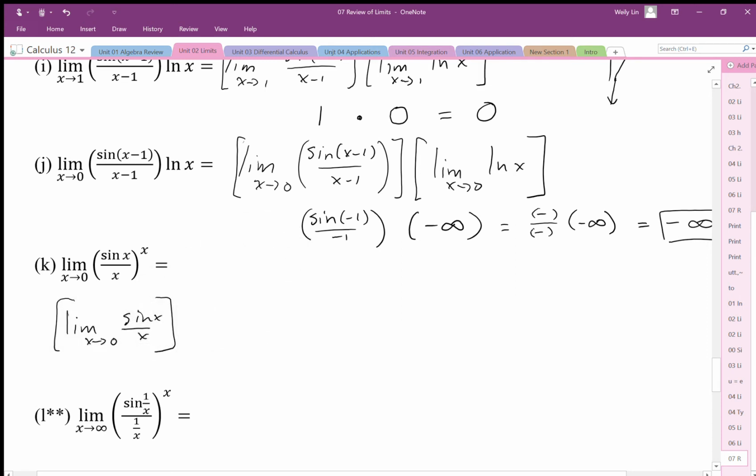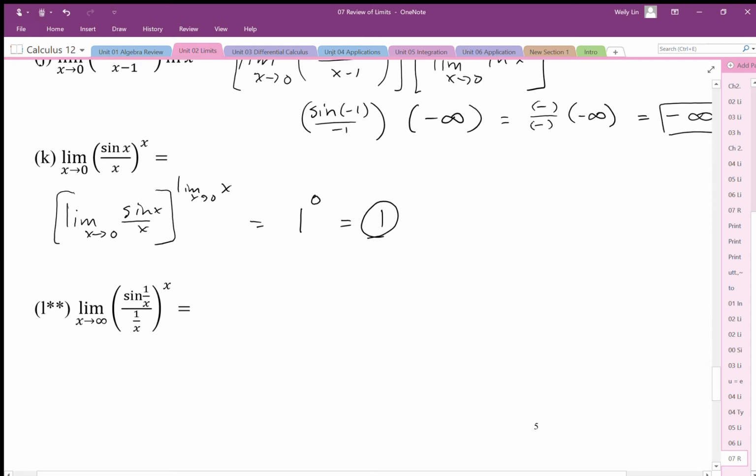Then the limit as x goes to 0 of just x. So we end up with 1 as our base and 0 as our power. Anything to base 1 is 1, and anything to power 0 is 1. So we're going to end up with a limit of 1.